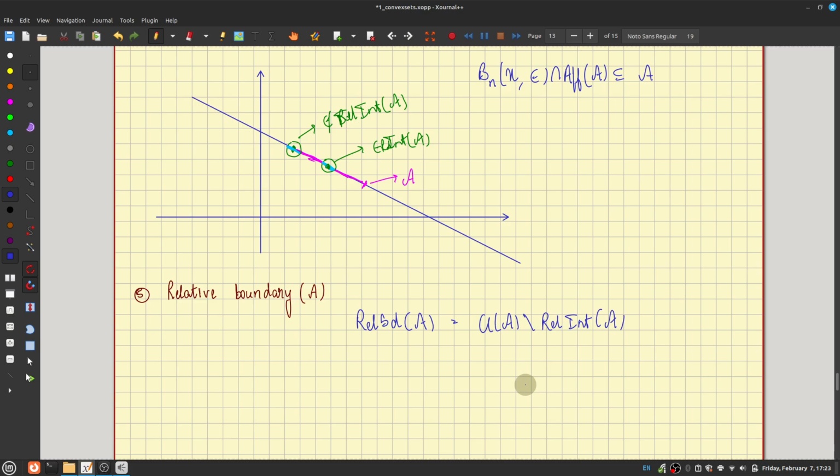I'm sorry, the boundary of A minus the relative interior of A.